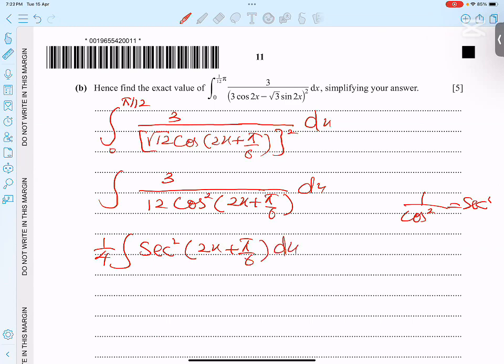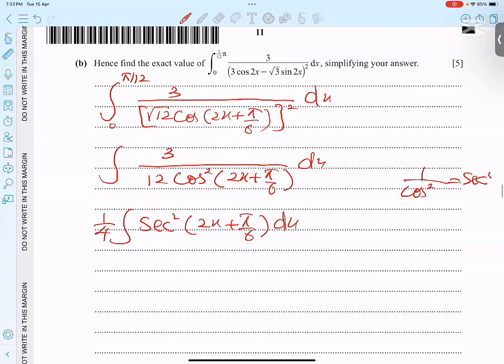Now, students, if you look carefully, what is the tan derivative? The tan derivative is secant square, and the integration of secant square is tan. I believe all of you are understanding well, and here I'm getting tan of 2x plus pi by 6. But what is missing?